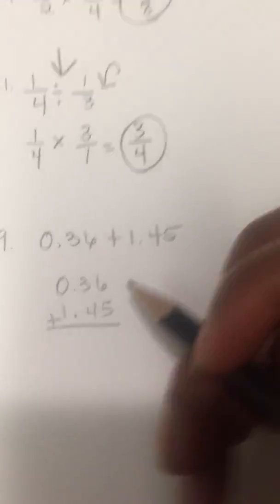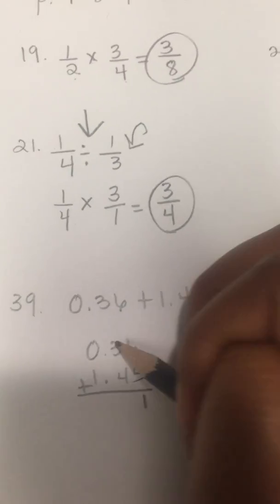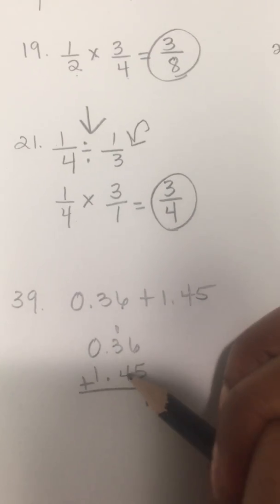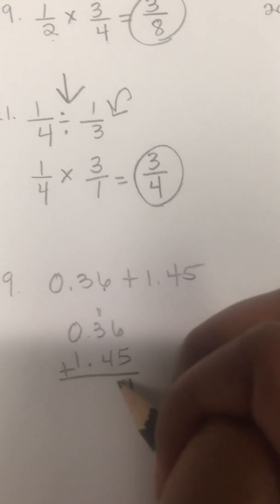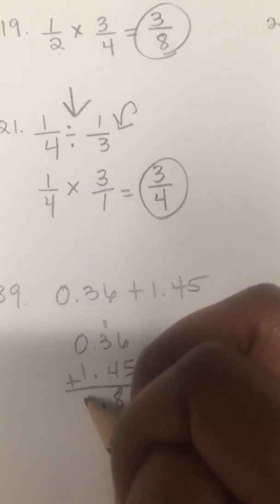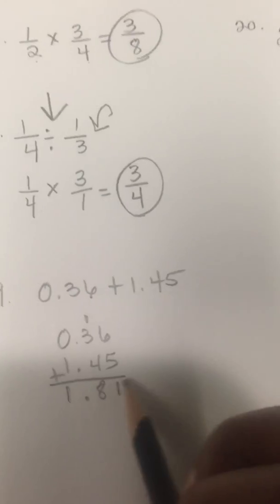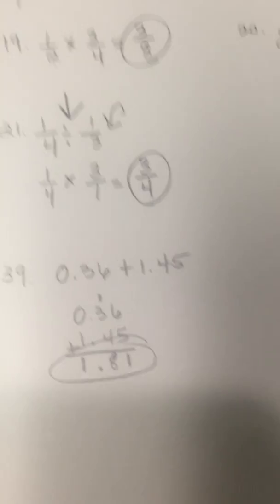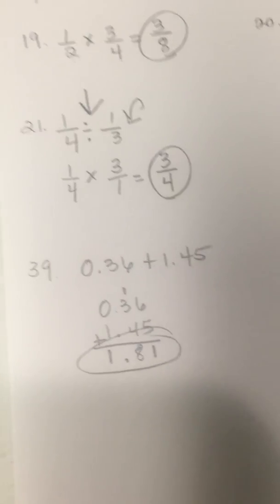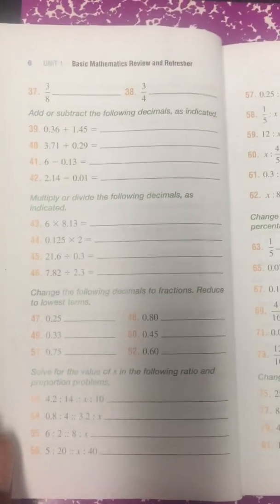Okay. 6 plus 5 is 11. Carry the 1. 3 plus 4 is 7, plus 1 is 8. Bring down my decimal, and 0 plus 1 is 1. Okay? So always line your decimals up when you are adding and subtracting. When you are multiplying and dividing, if you want to put those in a calculator, that will be absolutely fine with me.